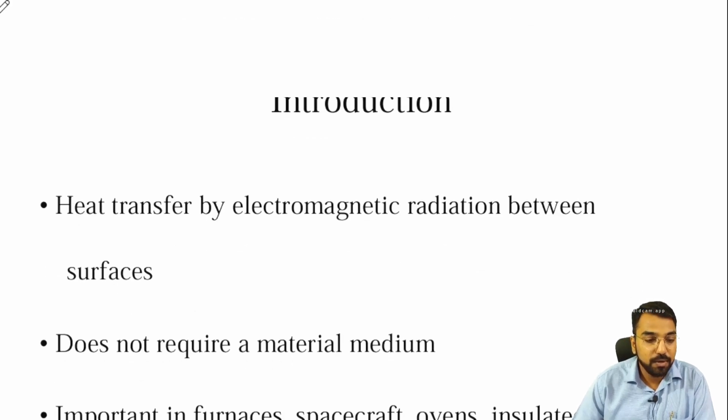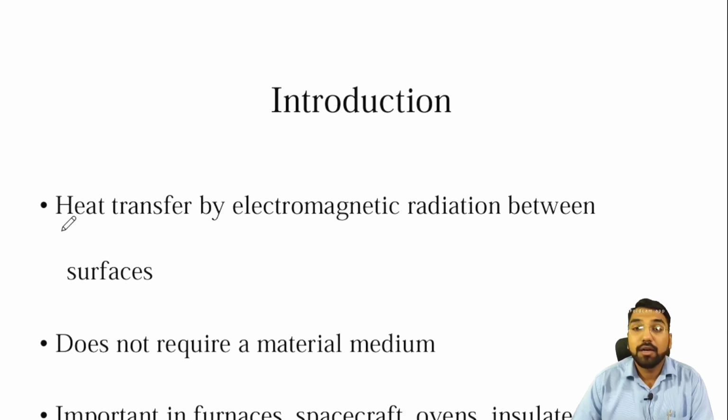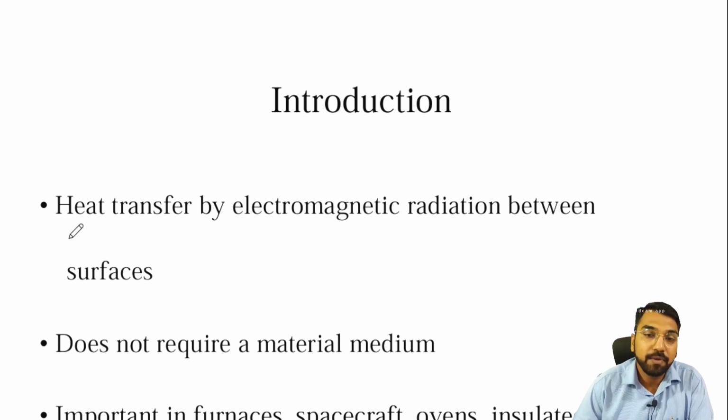Just before starting this lecture, I will point out some ideas about the modes of heat transfer. First is conduction, which mainly happens within solids. Second is convection, a combination of convection and advection, which mainly happens due to the flow of fluids, meaning gases and liquids.